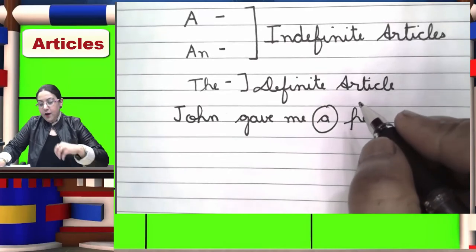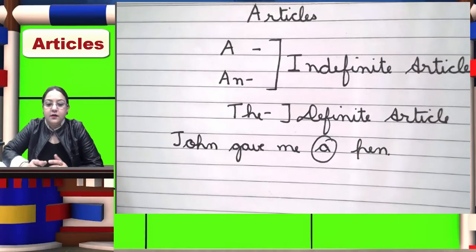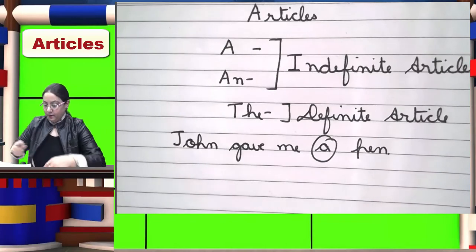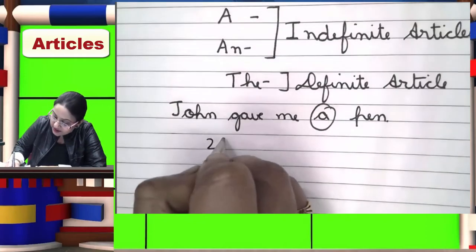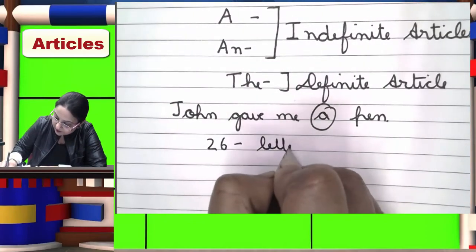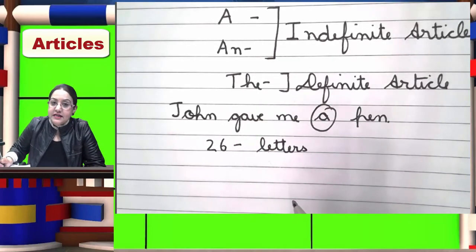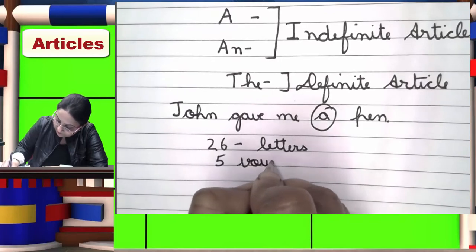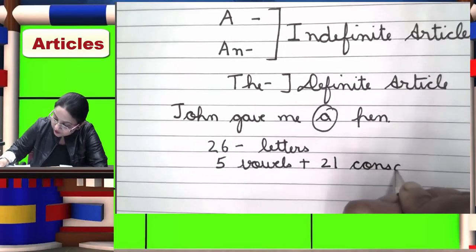Okay. Now I am going to tell you where we use the article an. Now we use a when we are talking about consonants. In English alphabets we all know that we have 26 letters from A to Z. Out of these 26 letters, 5 are vowels and the remaining 21 are consonants.